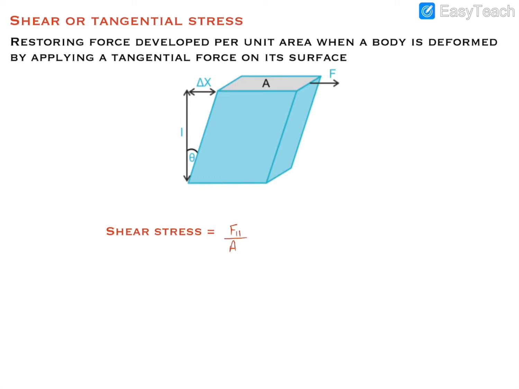Now if we apply some tangential force on the top of that carton box, then that force will deform the box as shown in this figure. So the top face of this box will be displaced as compared to the bottom face, which is stationary, and this displacement is delta x.